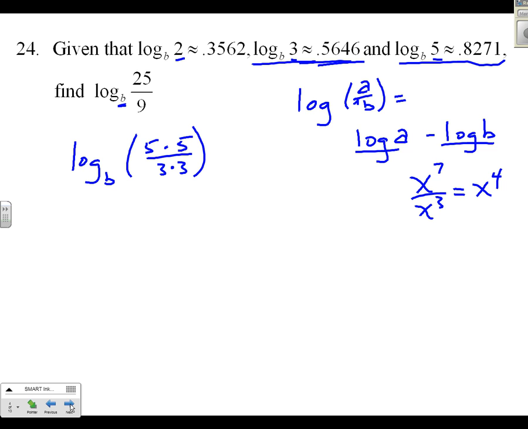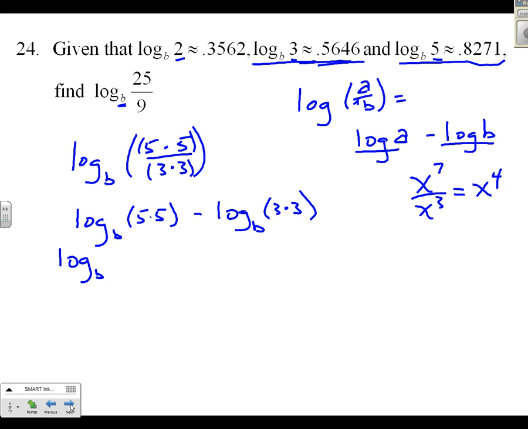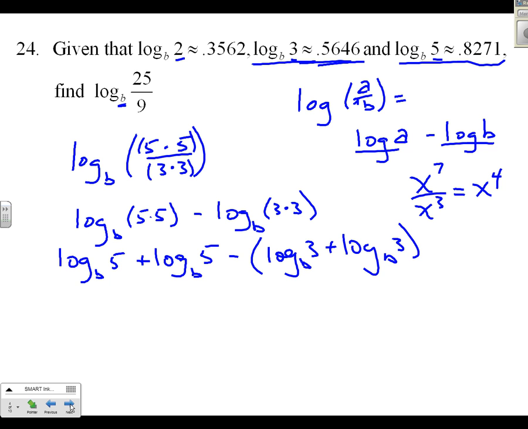What appears to be a division problem, I could start this and just say, let's break this into a difference, where this becomes log base b of 5 times 5 minus log base b of 3 times 3, which would be log base b of 5 plus log base b of 5 minus, careful, log base b of 3 plus log base b of 3.